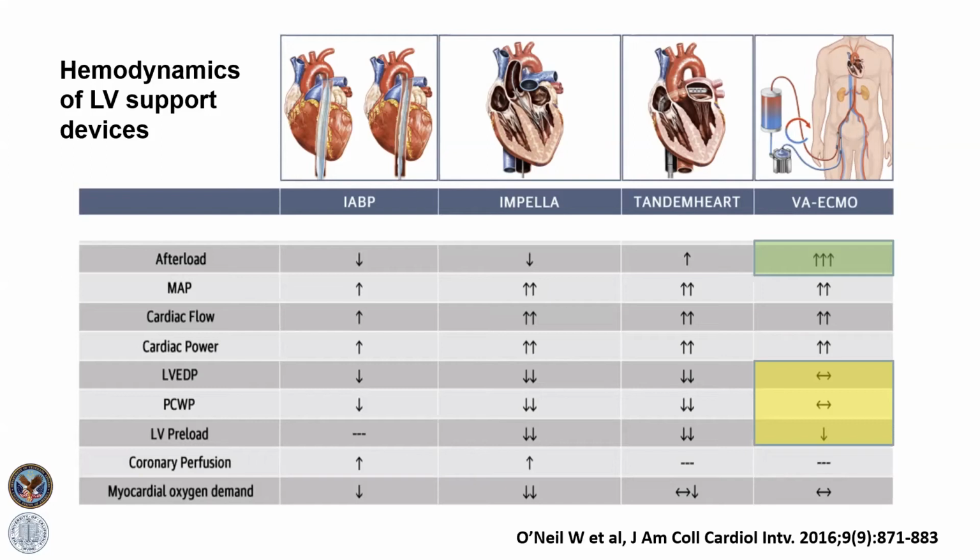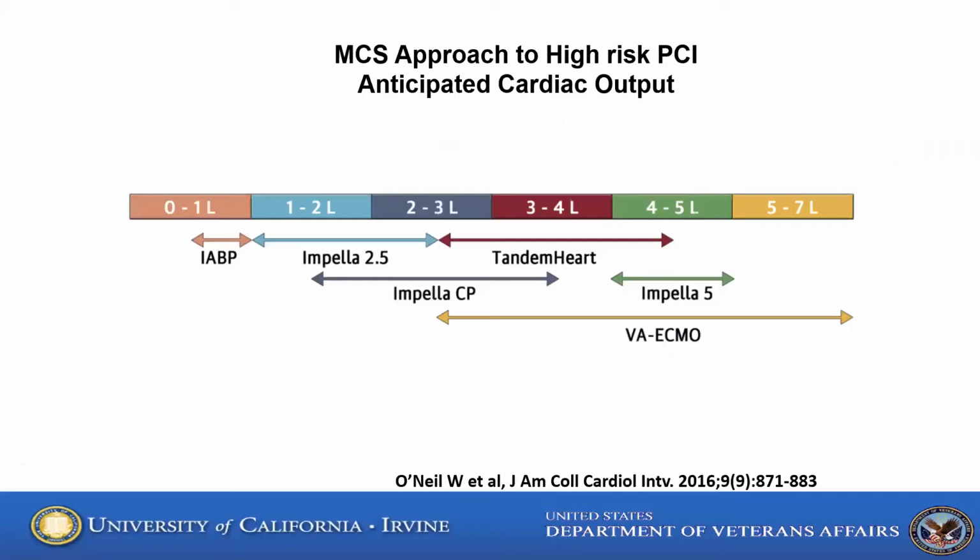Myocardial oxygen demand is important, and of the devices that reduce it, the Impella seems to have the most potent ability to reduce oxygen demand of the myocardium. So keep that in mind as we look at device selection coming up in just a moment. Here is a summary from O'Neill's paper on the anticipated cardiac output we might like to see with each device.